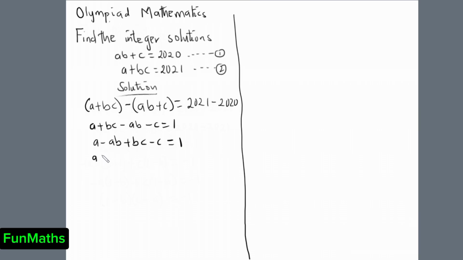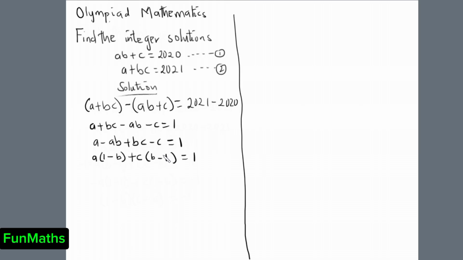So write A and open a bracket, and you divide A by A, you'll be left with 1, minus AB divided by A, you'll be left with B, plus what is common between BC and C? C is common. So I open a bracket, I write C and open a bracket. BC divided by C is B, minus C divided by C is 1, so it's equal to 1.